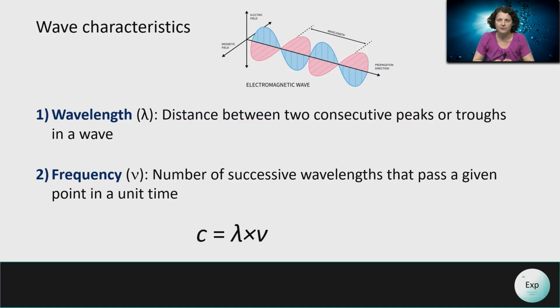When it comes to waves, especially waves of electromagnetic radiation, we mostly focus on two characteristics: wavelength and frequency. Wavelength, which is denoted with the symbol lambda, indicates the distance between two consecutive peaks or troughs in a wave. But this could be any two identical points on two neighboring waves.